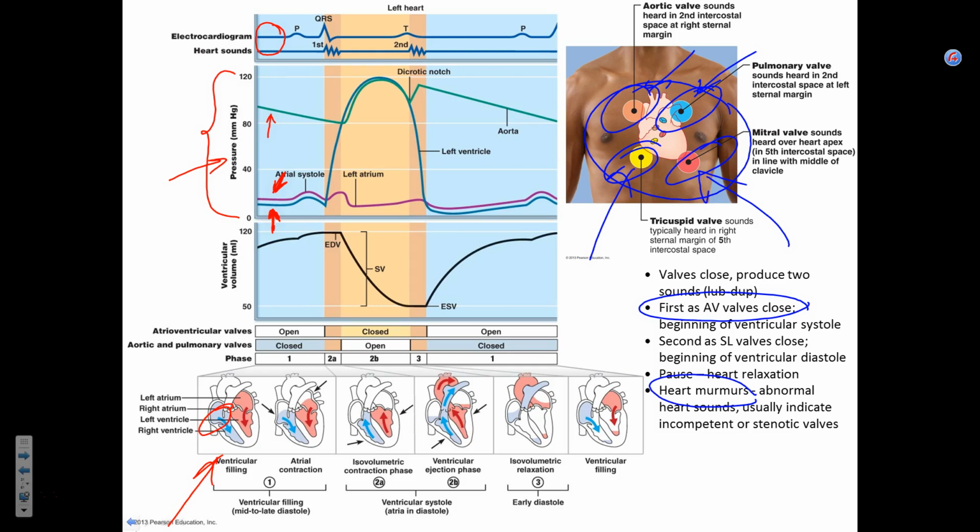Okay? Then P wave happens. P wave, what does it indicate? The start of what? Depolarization of the atrium. That makes sense? That's wave of depolarization, and atrial contraction starts at this point. So that's atrial contraction right here.